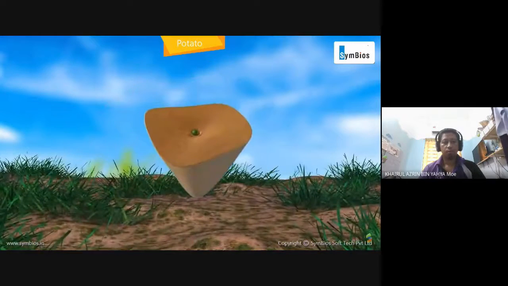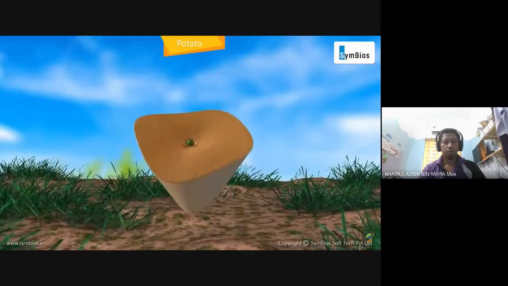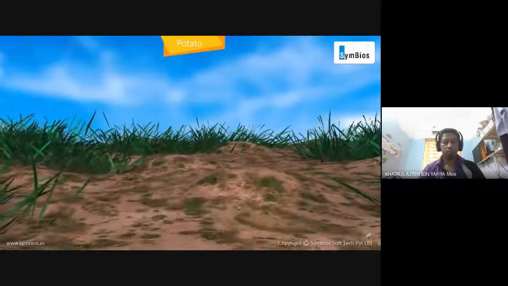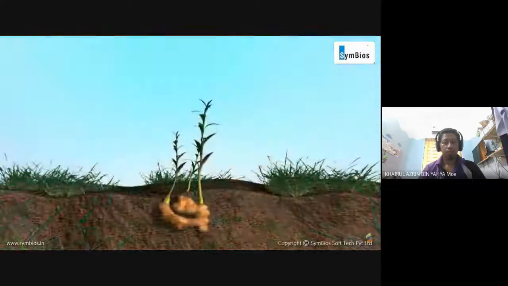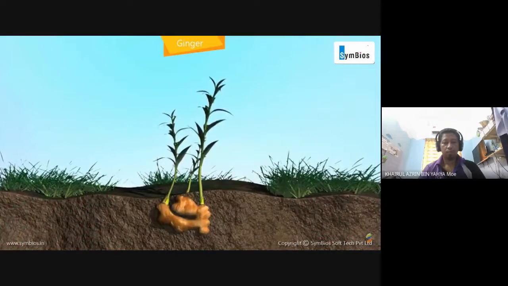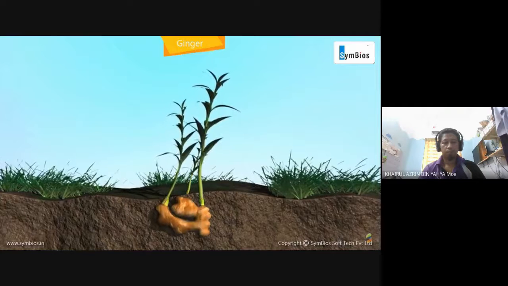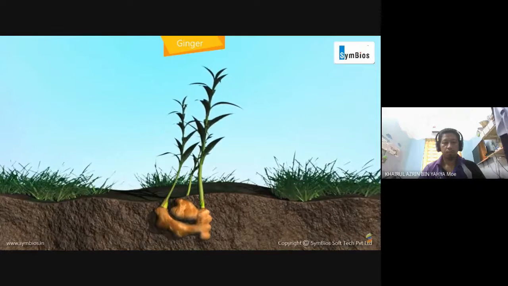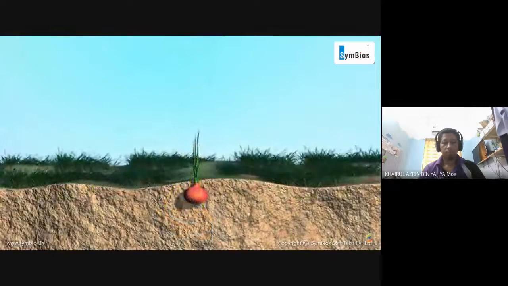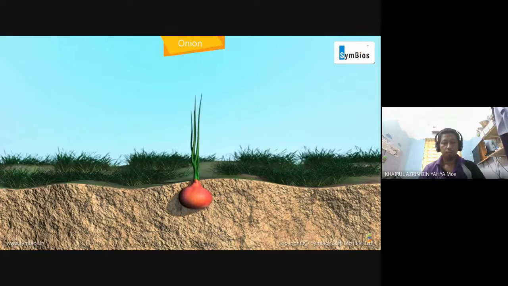A piece of potato with at least one eye on its surface is planted in the soil to develop a new plant. Ginger. In ginger, new plants are produced by some parts of underground stems. Onion. In onion, new plants are produced from the bulb, which is an underground stem with thick leaves.